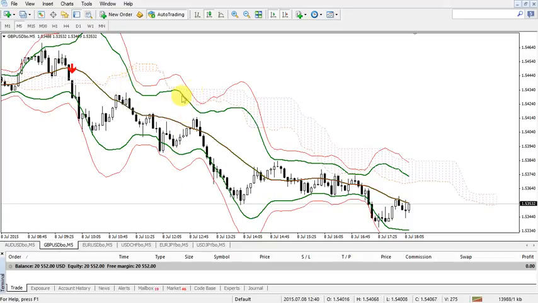It goes up close to this cloud again, it goes down, and it repeats. Because this cloud, when prices are below the cloud, it serves as an upper resistance. So it's difficult for prices to break above. And if they do, it's going to be a strong upward movement. So you would want to be taking sell trades when prices are below the cloud.